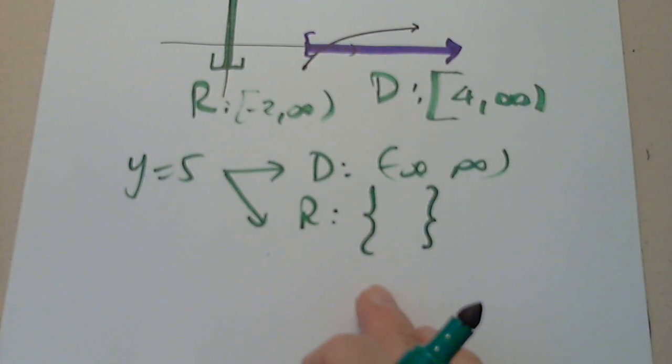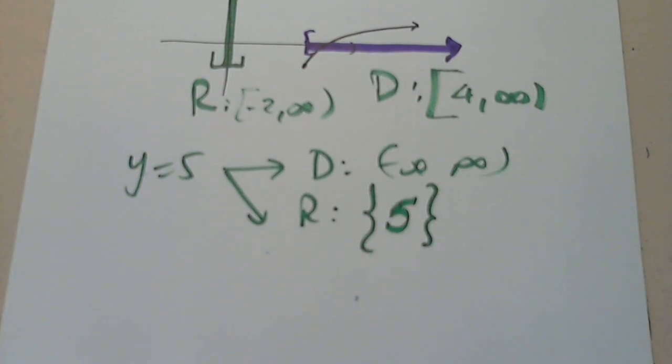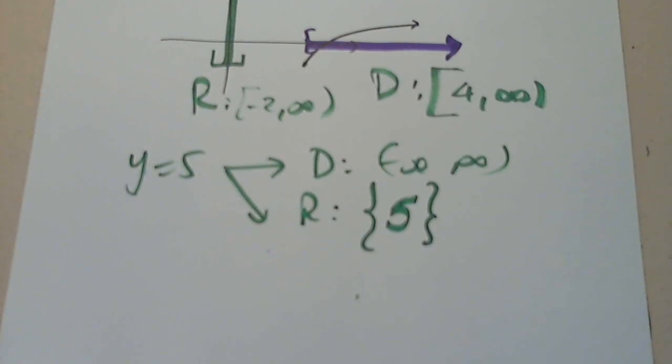For only one number, or just two numbers, or a finite number of elements, I have to use the braces symbol, not parentheses or brackets. Why do we have to use braces for that? I only have one number. There is no interval here. An interval always means infinitely many numbers, but here I only have one.